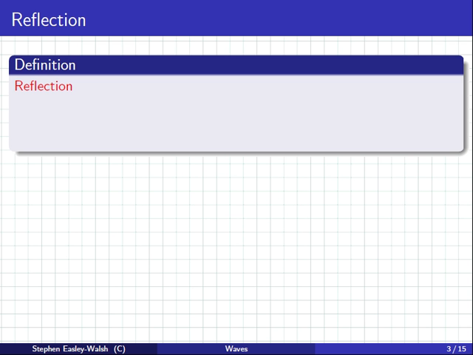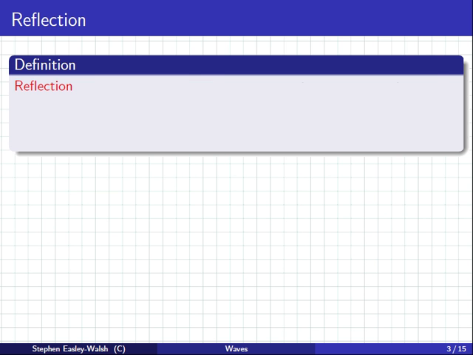Oh, close, close. I wouldn't say bend, but you're kind of getting the idea. Anyone else? It's like symmetrically or perpendicularly bounced. Not necessarily perpendicular. Not necessarily at the same angle.